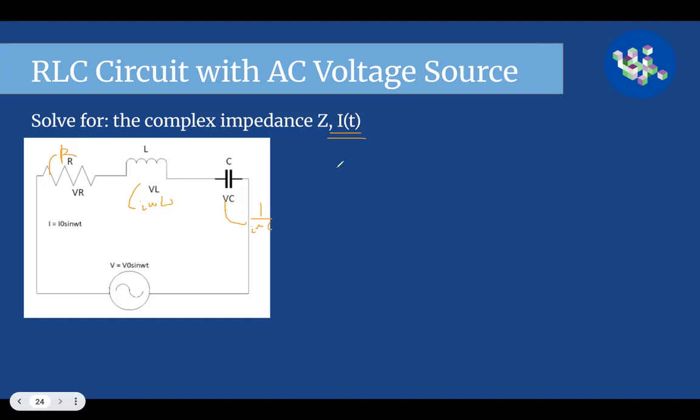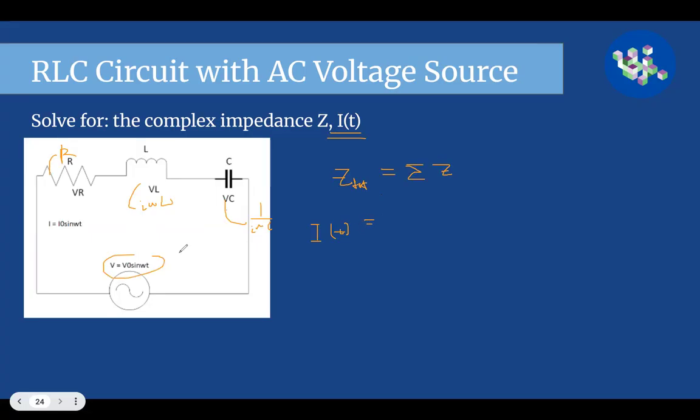And if you want to find the total complex impedance, Z total, because these three are all in series, you can just say it's equal to the sum of all of the complex impedances. And then once you have that, the current as a function of time equals your voltage, which is given to you over here, right?